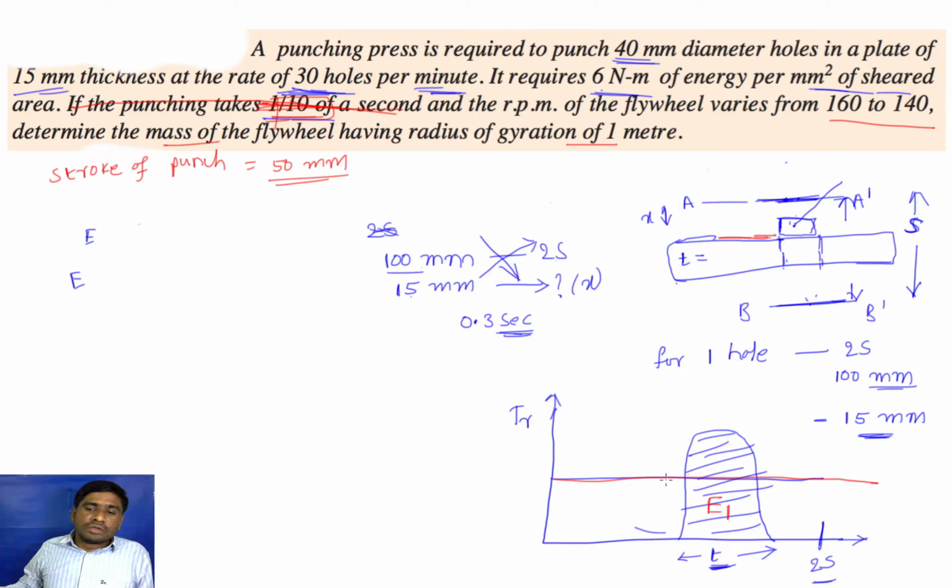You know E is for the whole cycle, and E1 equals P into 0.3, but P is E by 2. So E1 is 0.3 E by 2. And what is delta E? That is E minus E1, which equals 1.7 by 2 into E.